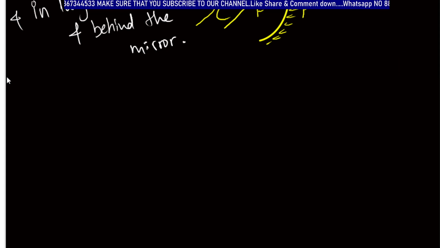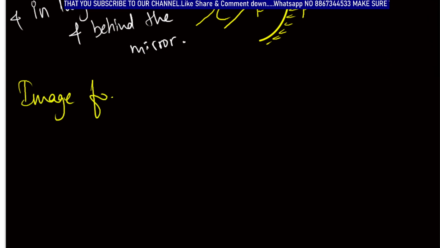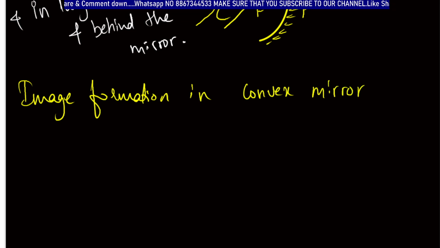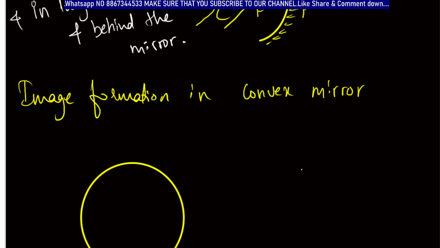So next we will see image formation in a convex mirror. There are only 2 conditions over here. Let us draw the mirror.